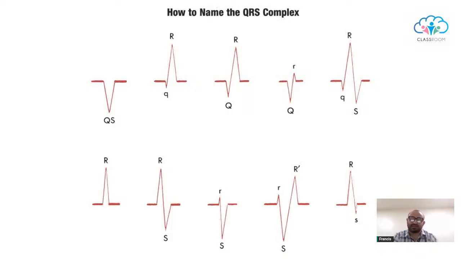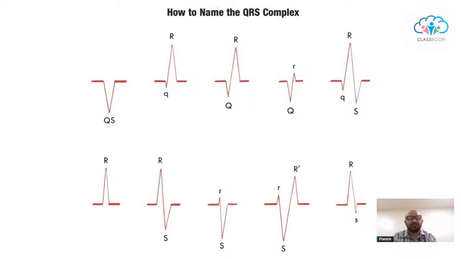If there is a negative deflection followed by a positive deflection, then the first positive deflection is named R. If it is a small negative deflection that precedes the positive deflection, then it is small q, capital R. And if it's a large negative deflection, then it is designated with a capital Q and a capital R. If the QRS is triphasic, that is, if it has a negative followed by a positive and then a negative, then it is called a QRS. And if it is only positive, it is called an R.